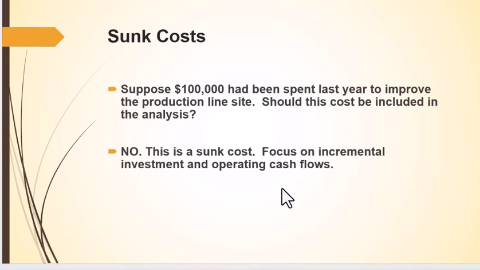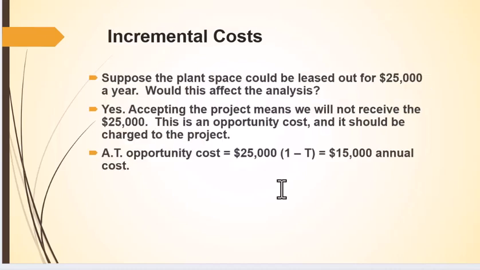However, we have to keep in mind that if you include it in the analysis of whether the project is good or bad, in our cash flows here, then you are increasing the initial cost, which will decrease net present value by the amount of that sunk cost. We just have to understand the impact of what we're doing. We've already talked a little bit about incremental costs.